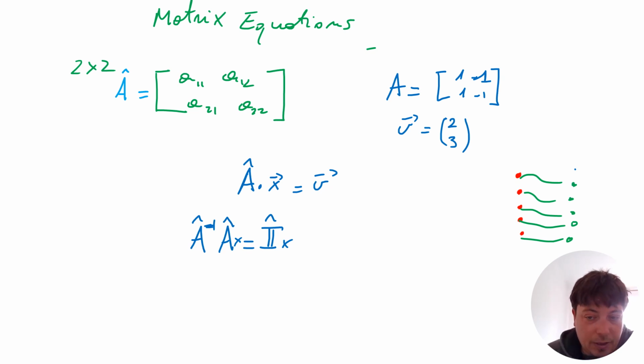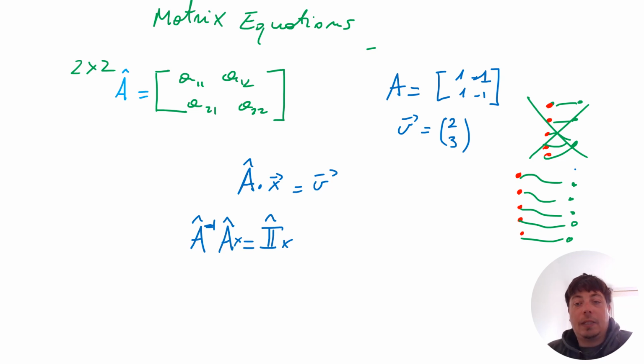If some of these vectors, not all of them, but even just some, get mapped into the same vectors, this is already enough to say that the matrix doesn't admit an inverse. Because for those vectors, you cannot go back and uniquely identify your initial point. So you cannot solve the equation, because you have multiple solutions.